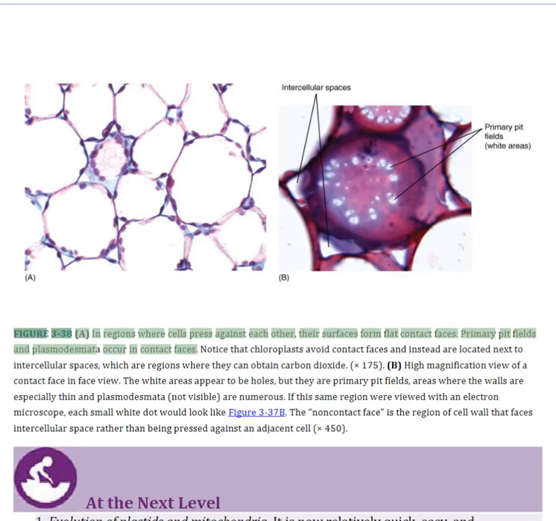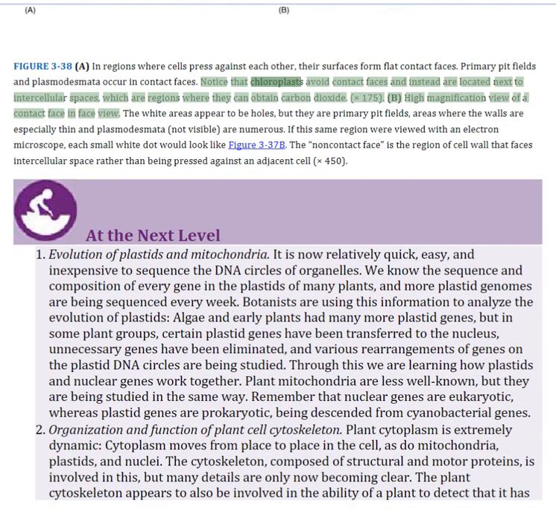Figure 3:38 In regions where cells press against each other, their surfaces form flat contact faces. Primary pit fields and plasmodesmata occur in contact faces. Notice that chloroplasts avoid contact faces and instead are located next to intercellular spaces, which are regions where they can obtain carbon dioxide. High magnification view of a contact face in face view.